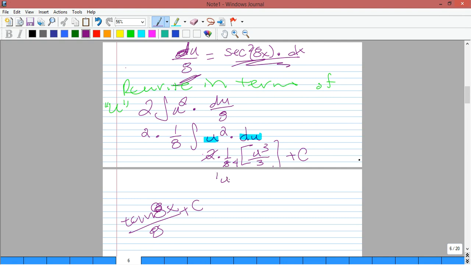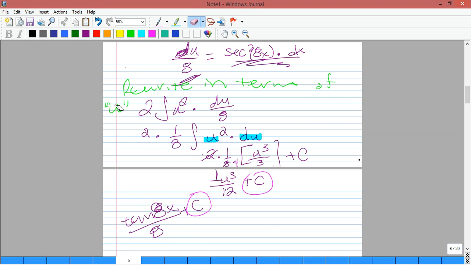So it's 1 u cubed over 12, because you're going to take the 4 in the denominator and the 3 in the denominator and multiply straight across, and you get a 12 right there, and then you add that c. In the end, these c's that we have, the constants, they don't really matter. So we're just going to write it as 1 c.